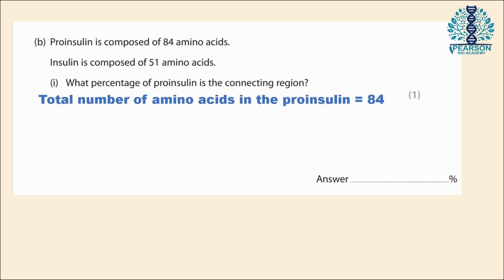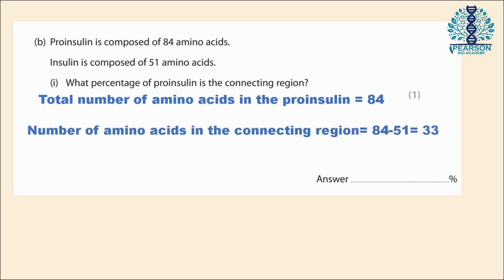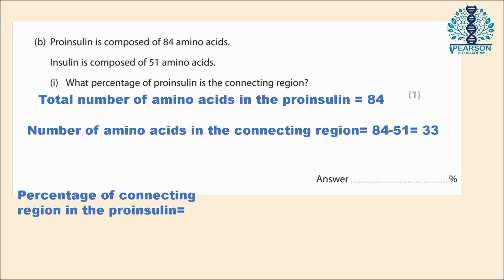Very first you should know the total number of amino acids in the proinsulin. It's 84. Now you have to find out the number of amino acids in the connecting region. For this you have to subtract 51 from 84. It's 33.